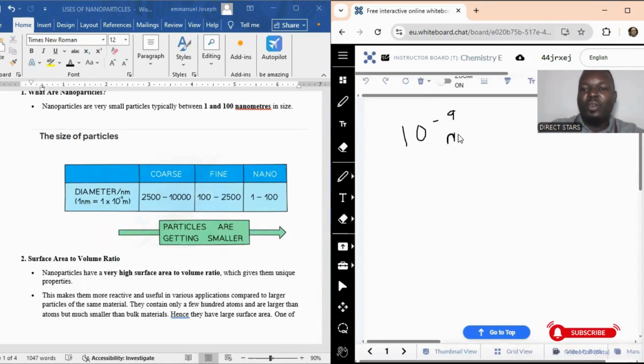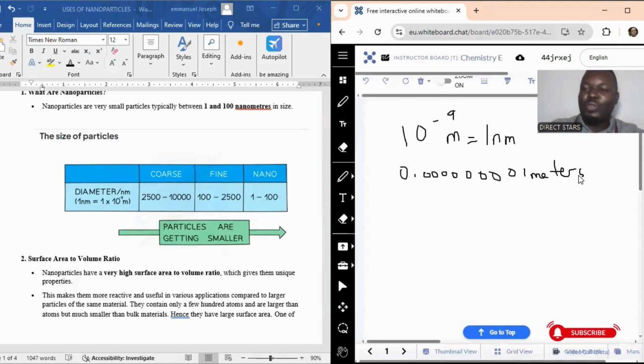This is what 1 nanometer is. If we show this mathematically, that will be 0.000000001 meters.